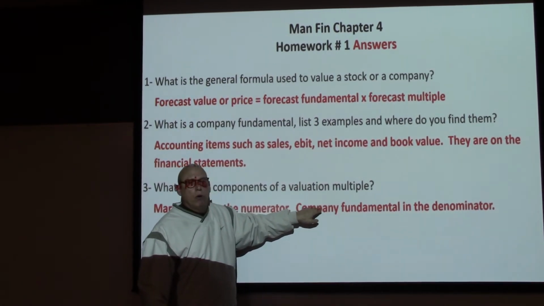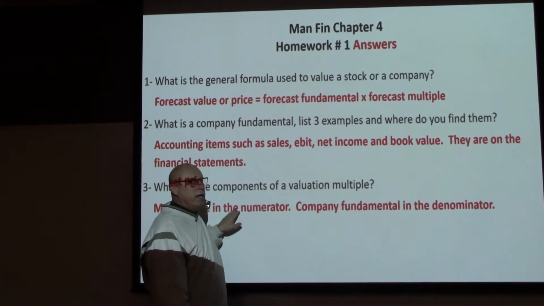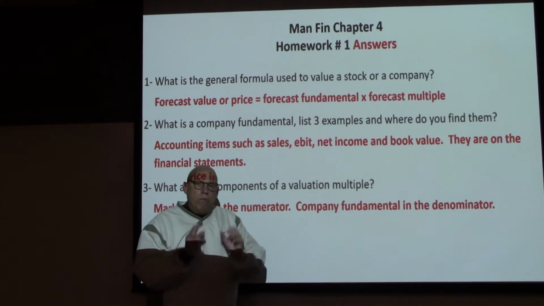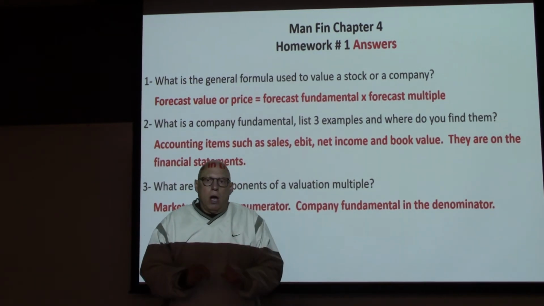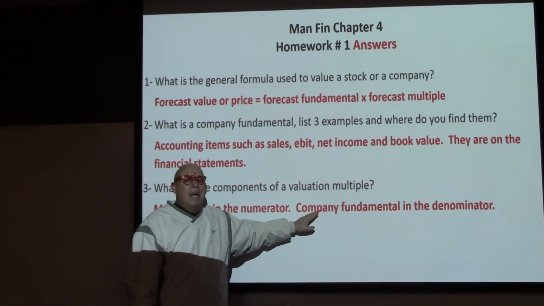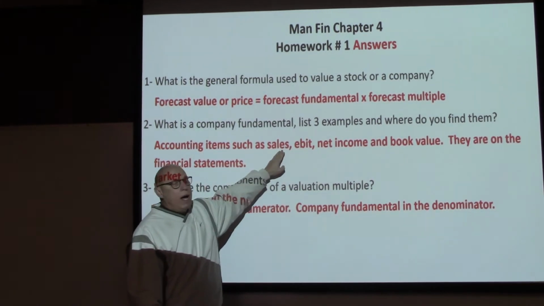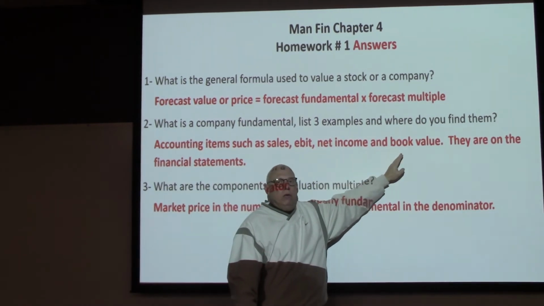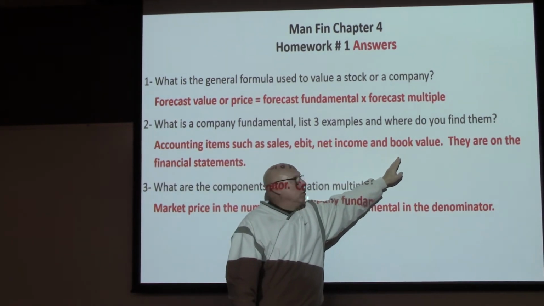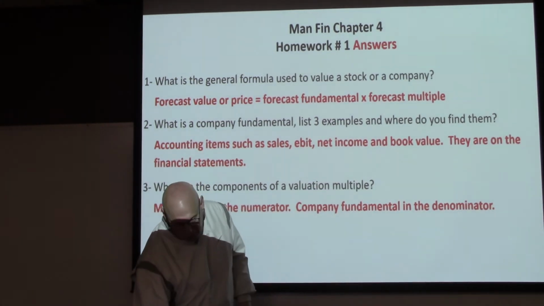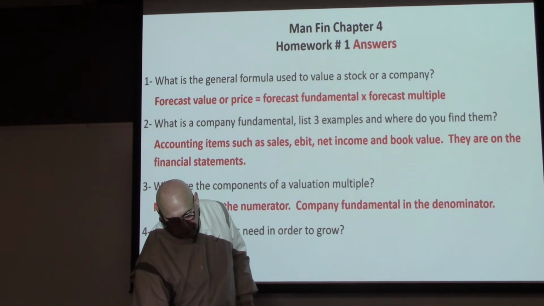So you're creating a ratio, the ratio of price that people are paying to the fundamental. The value of the company or the stock is a function of the fundamental. That is what they are buying. When you buy a company, you're buying sales, EBIT, net income, book value. That's what you're buying. How much should you pay for what you are buying? That is the multiple.